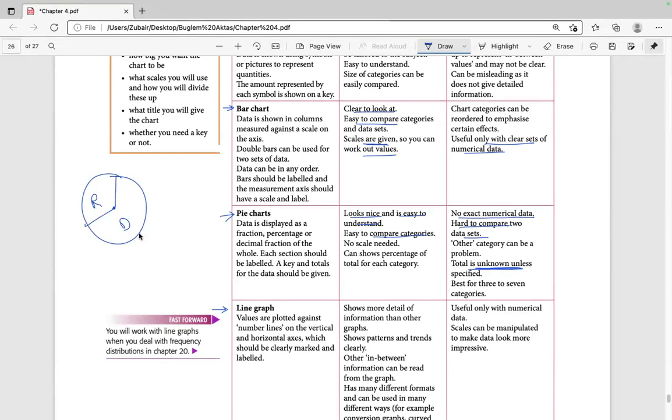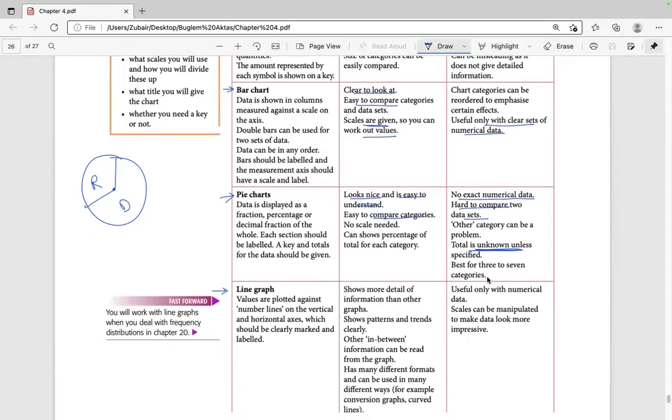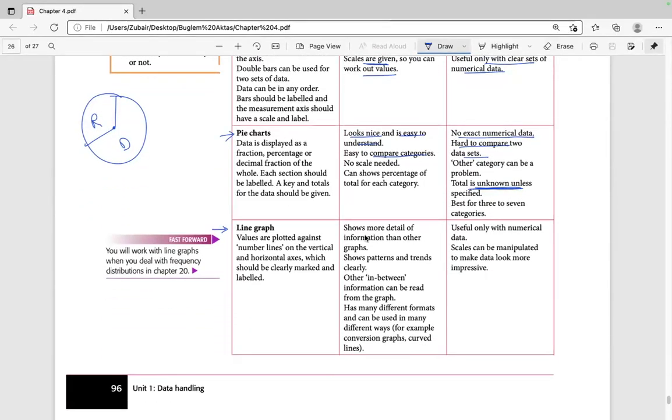So if I mention weekly, only then you know what the total is. If I say monthly, if I say yearly, but this is the data. It could be understood that most of the days are dry, fewer are rainy, and the total is unknown unless specified. Line graph shows more details of information.